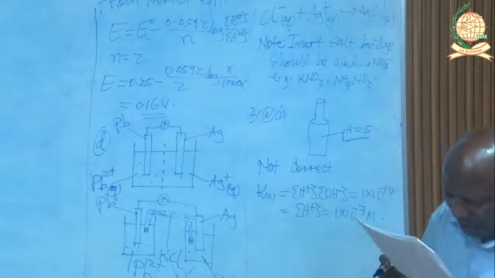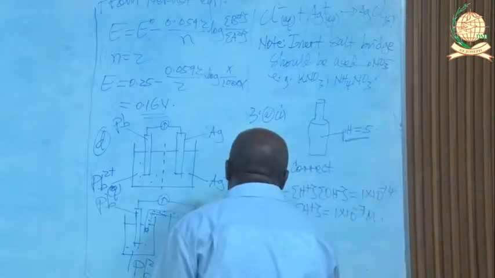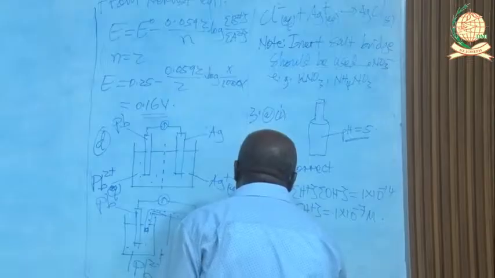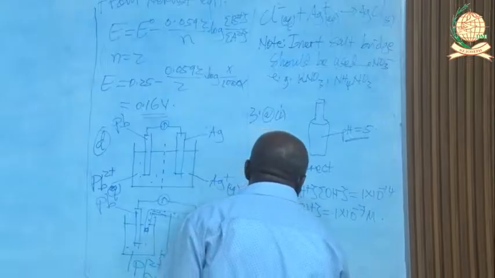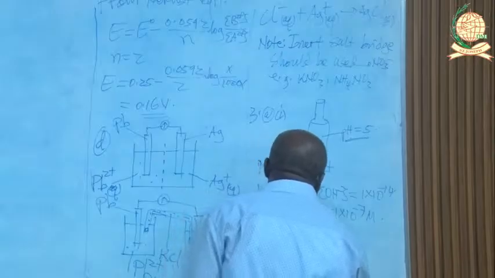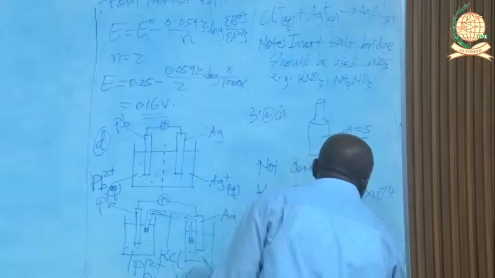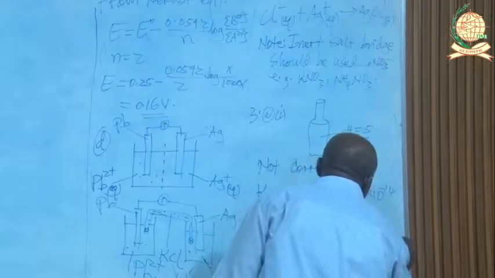Now what is the pH of water at 338 Kelvin? You calculate first the Kw. Hydrogen ion concentration times hydroxide ion concentration is equal to 2.92 times 10 power negative 14.